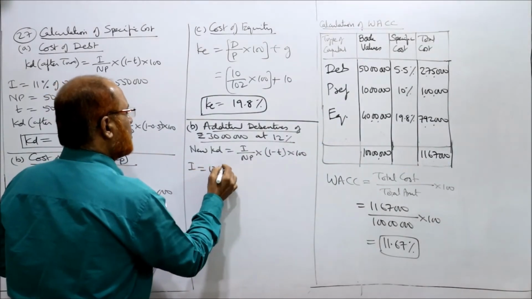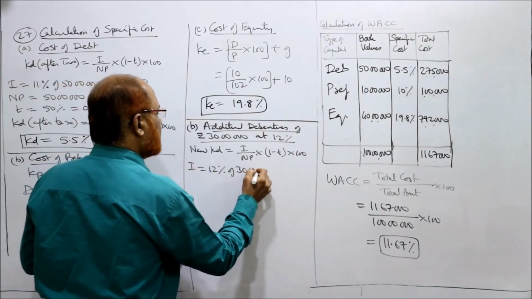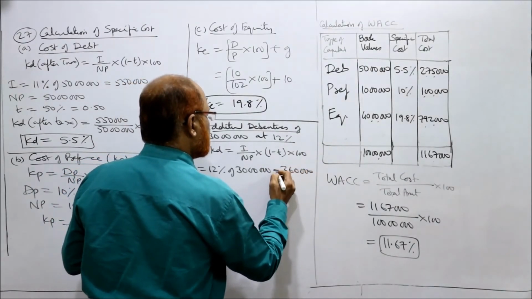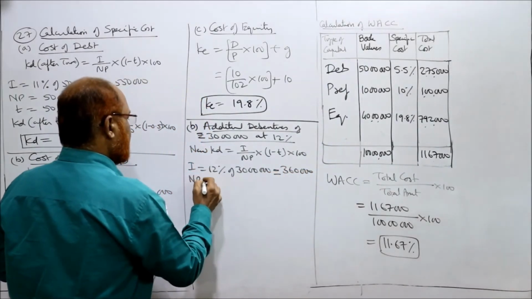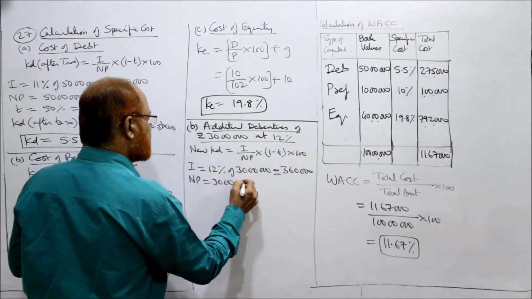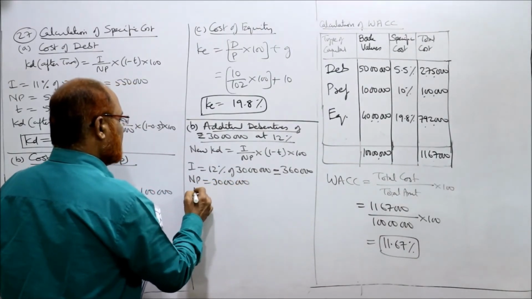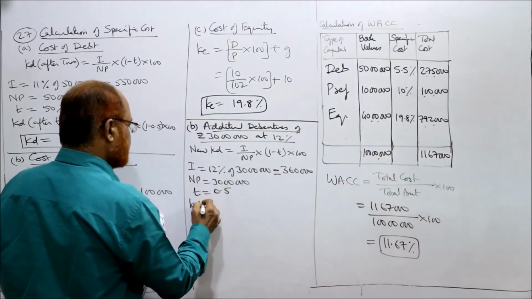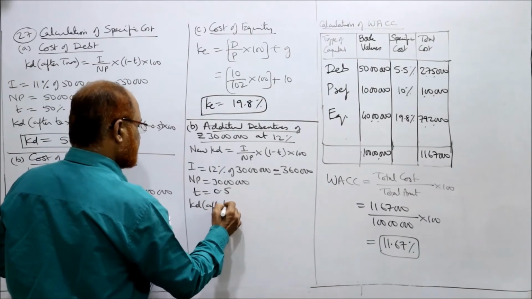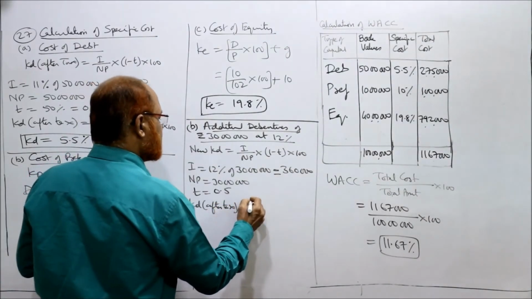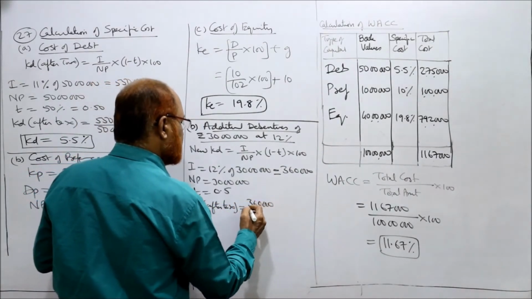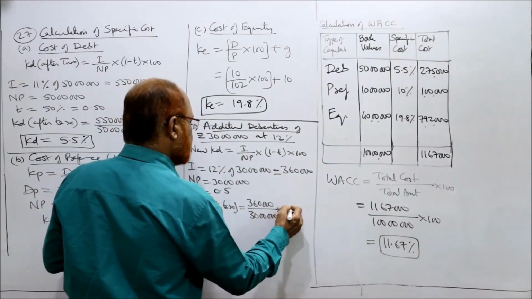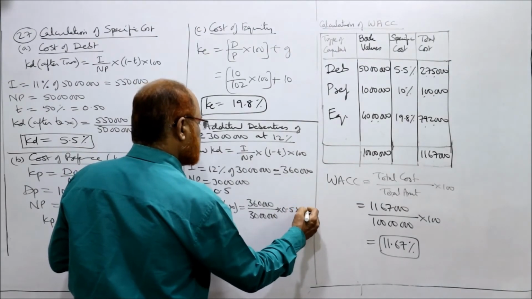I is equal to 12% of 30 lakh, 3,60,000. NP is equal to 30 lakhs. T is equal to 0.5. KD after tax is 3,60,000 divided by 30 lakhs into 0.5 into 100.